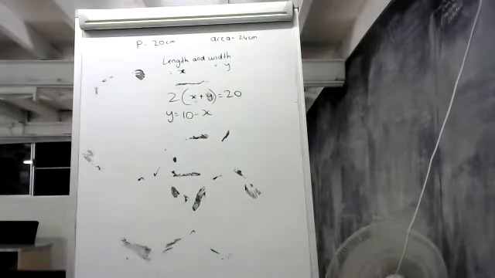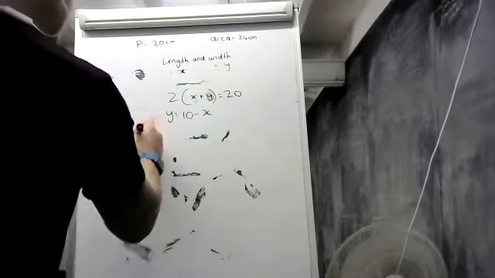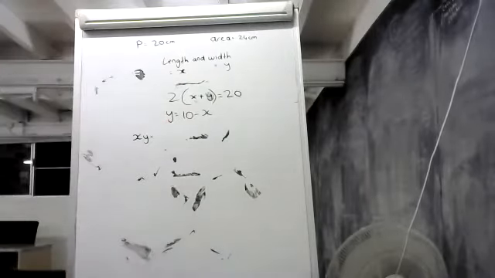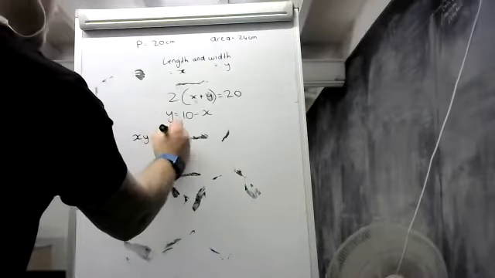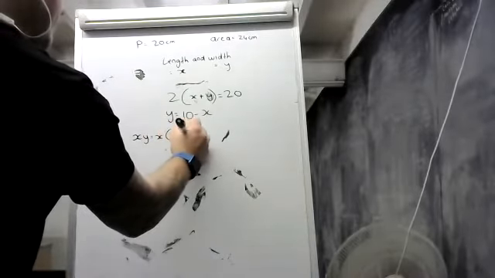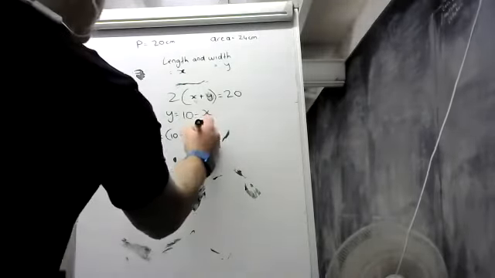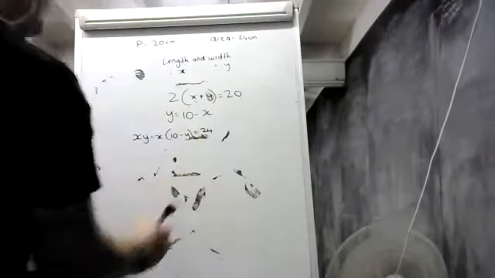So if we substitute back in now, we could do something like x times y, that's effectively what we're trying to solve for, equals x times (10 minus x). That should give us our eventual area.